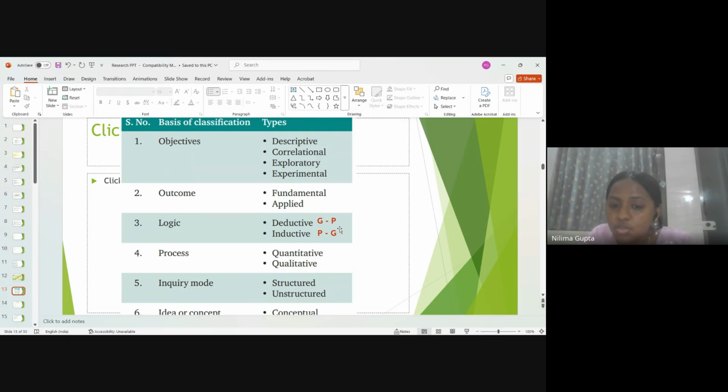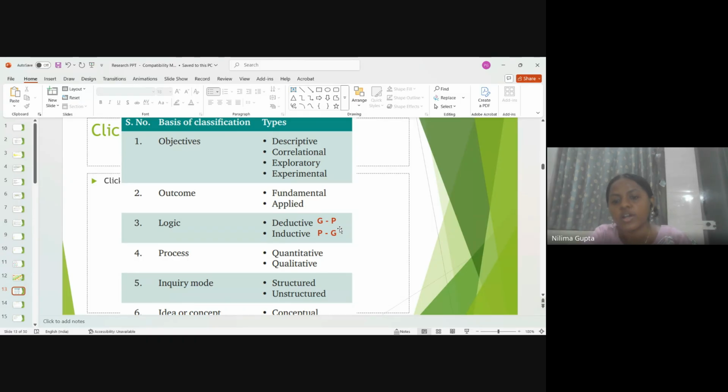The simplest way to remember what is deductive and inductive is DGP. As we know DGP as an officer, so DGP: deductive is general to particular, and the vice versa is definitely inductive. So whenever I talk about deductive, it is DGP. Clear to all of you?